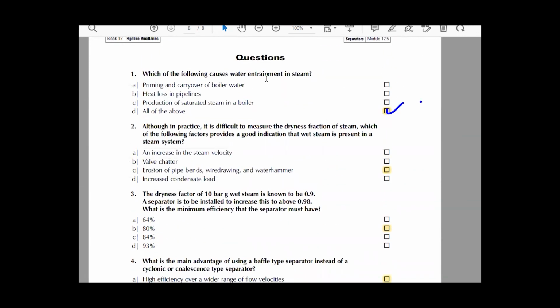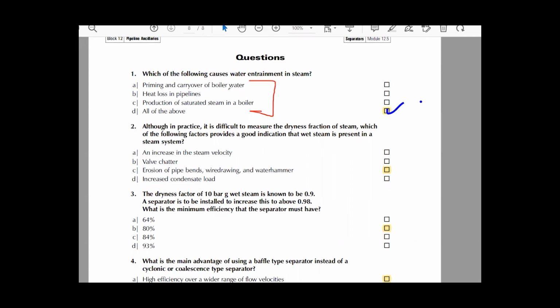Which of the following cases causes water entrainment in steam? Priming and carryover of water in the boiler, heat loss in pipe, production of saturated steam in boiler. All these reasons will make steam condense and will increase the percentage of water droplets in steam.